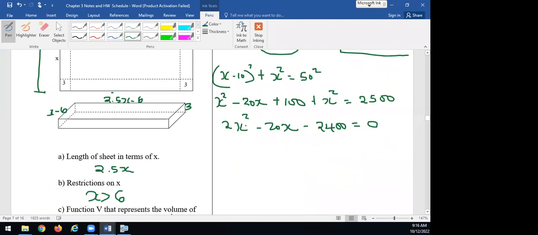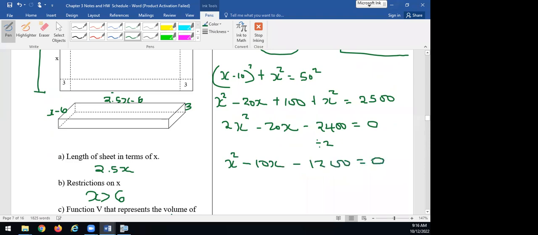All right, notice that 2 is common to all of these, so we can divide through by 2 to get rid of this coefficient. So if I divide by 2, that's going to give me x squared minus 10x minus 1200 equal to 0.